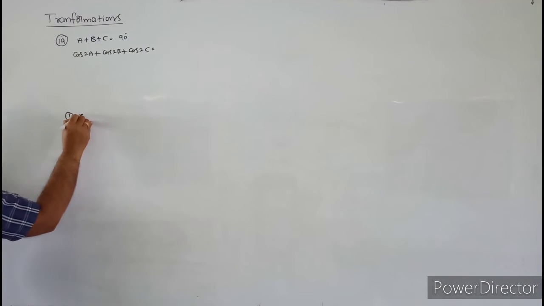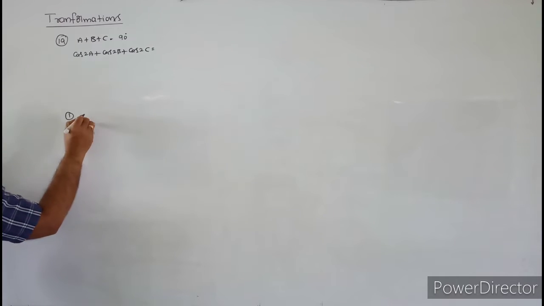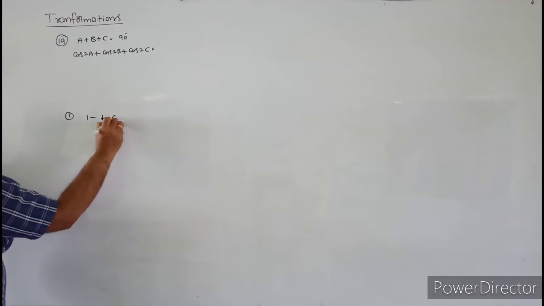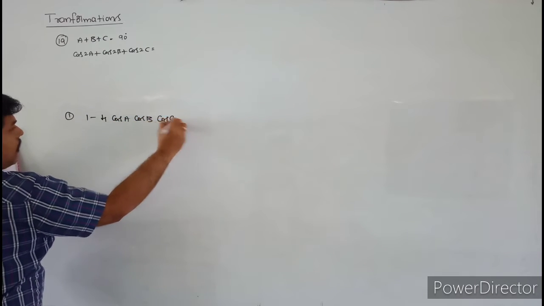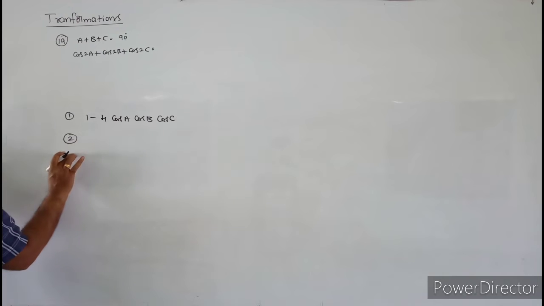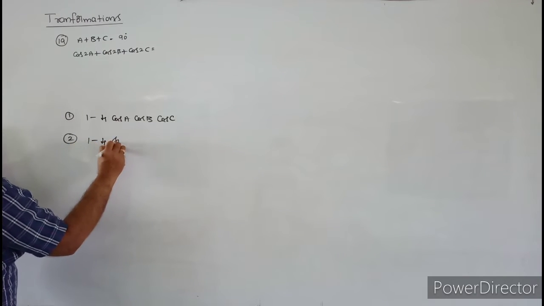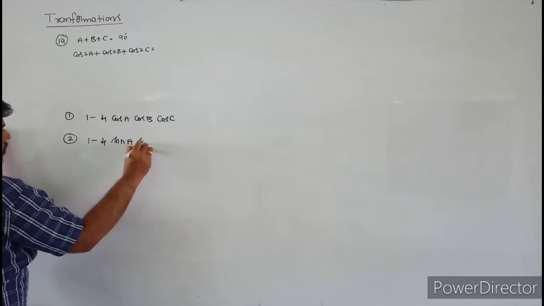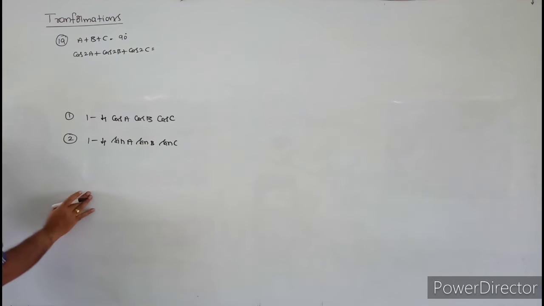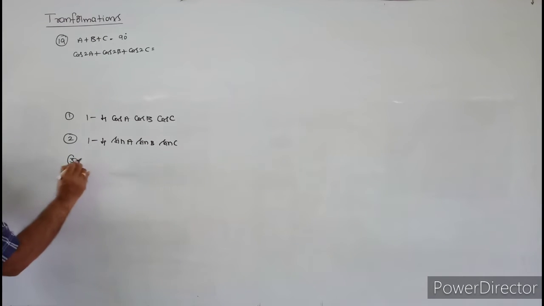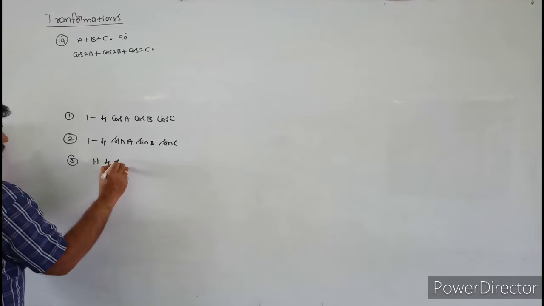1 plus 1 cos 2a plus cos 2b plus cos 2c, that is 1 minus 4 cos a cos b cos c. The second option is 1 minus 4 sin a sin b sin c. The third option, students, is 1 plus 4 cos a cos b cos c.